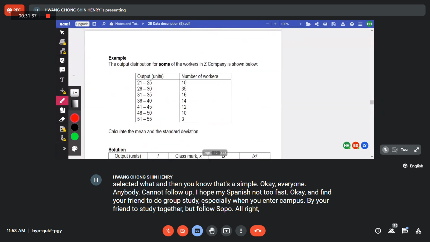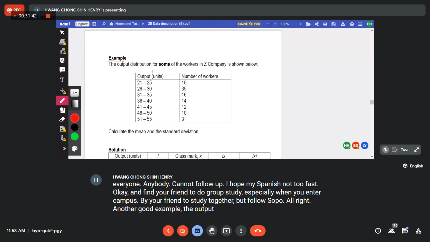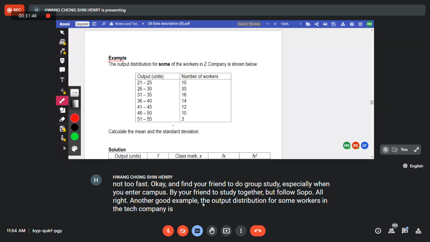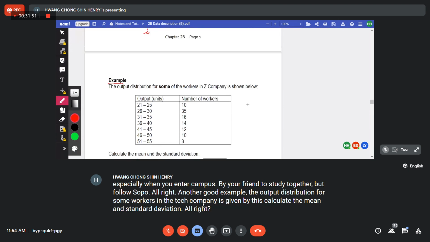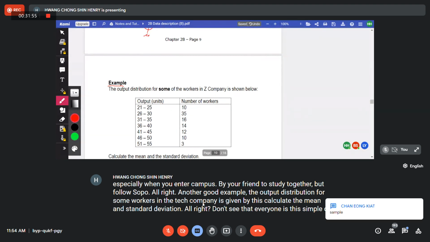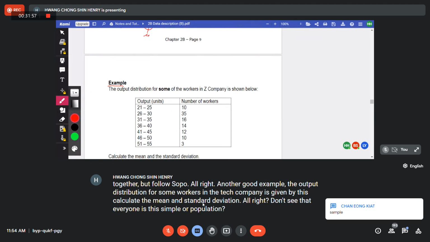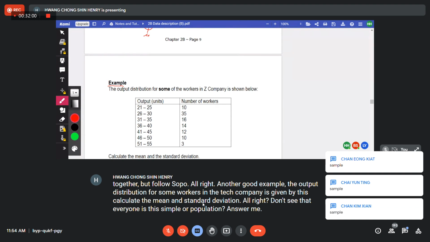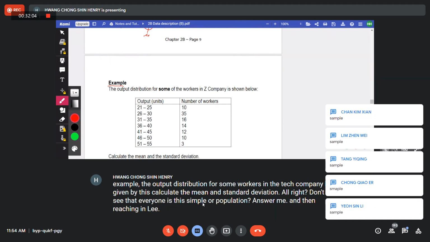All right. Another good example: the output distribution for some workers in the Z company is given by this. Calculate the mean and standard deviation. All right. Don't look at the answer, everyone. Is this sample or population? Answer me. Yunting, Yiqing, Xin Li. Wow, so many. Dongsheng, Kiaman, Eng Li. All right, others?